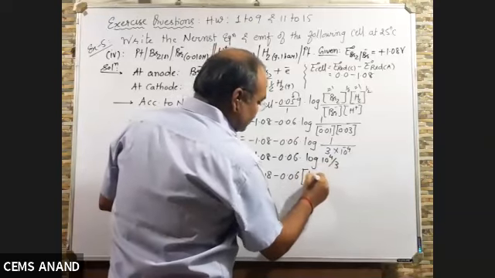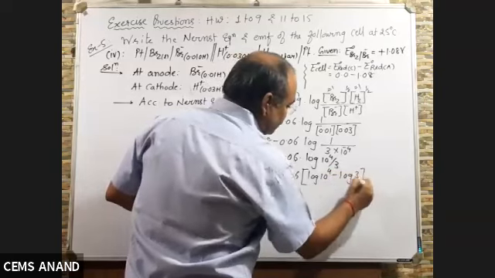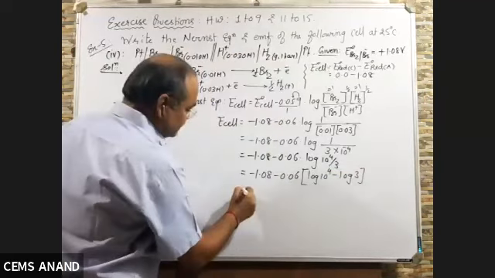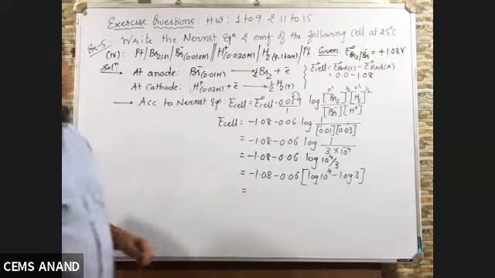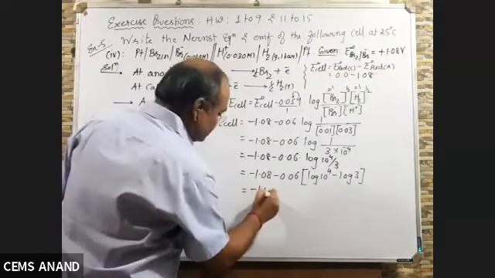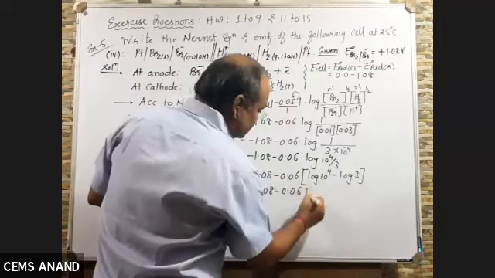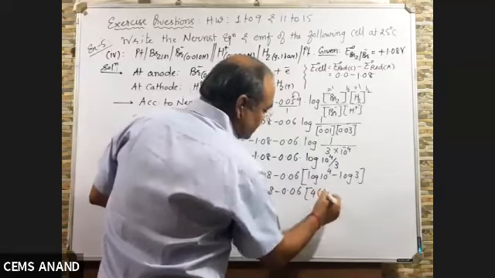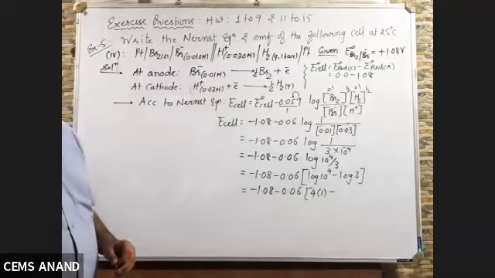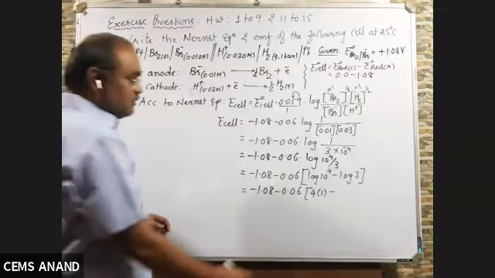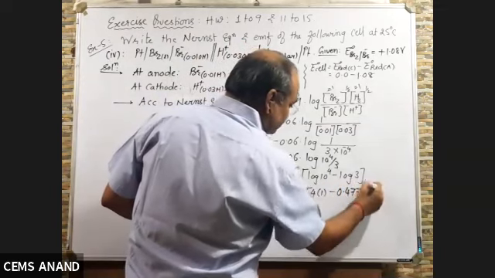I can write log of 10 raised to 4 minus log 3. Now, value of log 3 will be 0.4771.